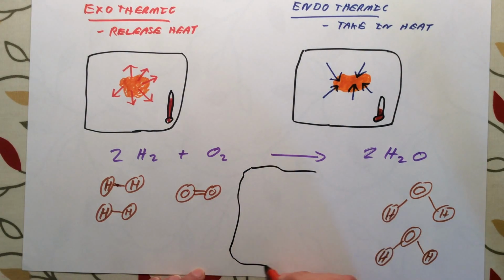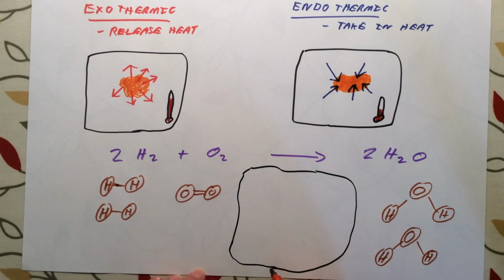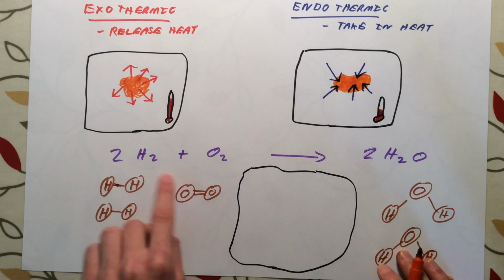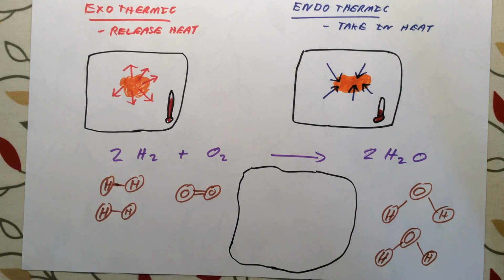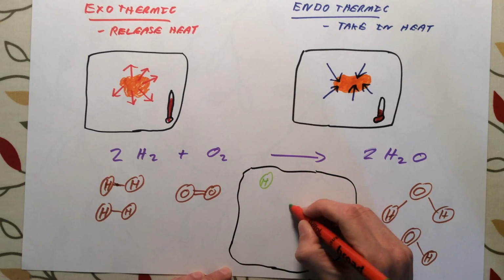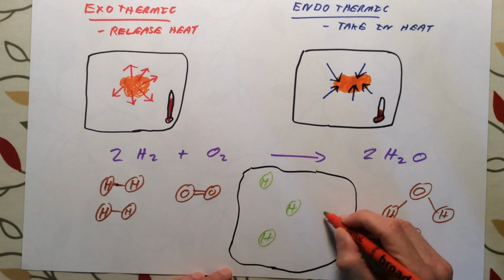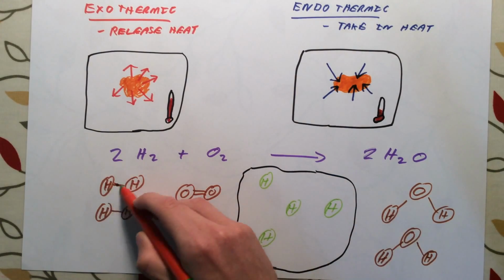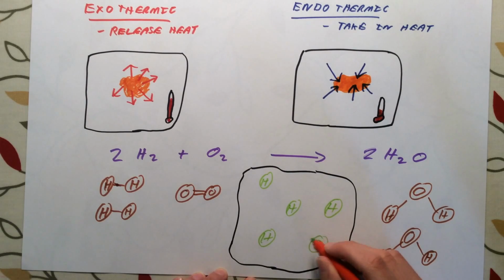Okay, so in order to get this reaction going, in order to initiate or get the reaction started, I actually have to break all of these bonds here. So in the middle of this process, I'm actually going to have hydrogen atoms that are loose flying around. So I'm going to have 4 of them. So I'll have broken both of these bonds, and I will have oxygen atoms that are loose flying around.